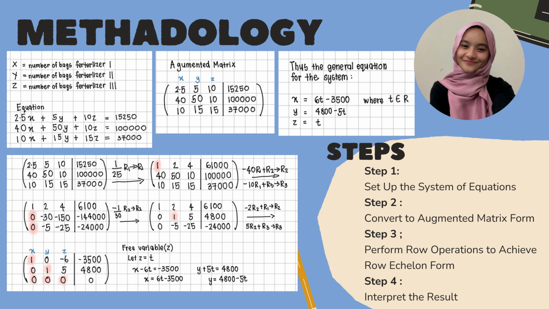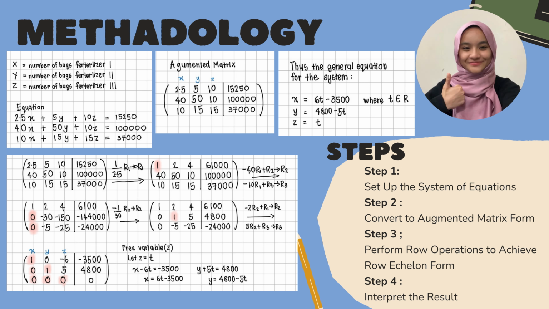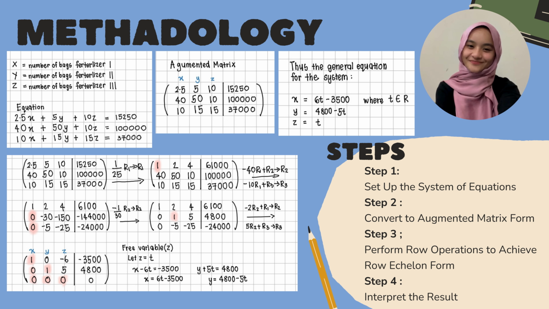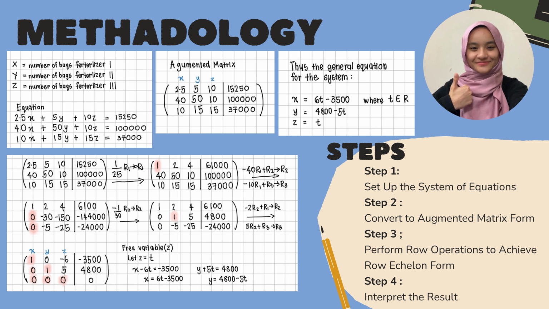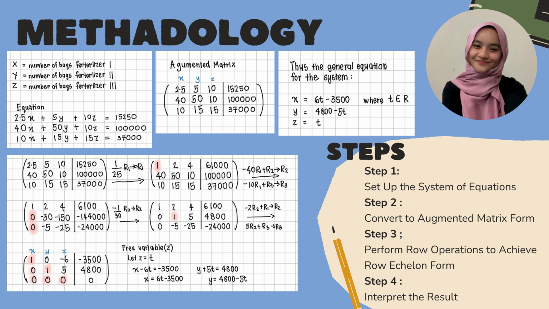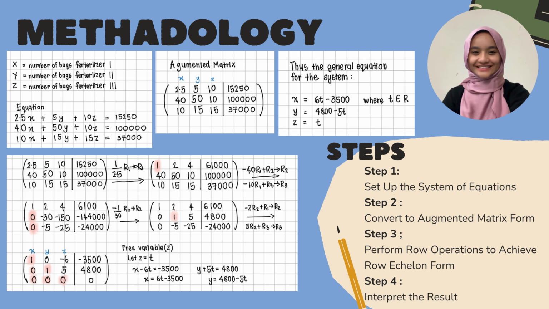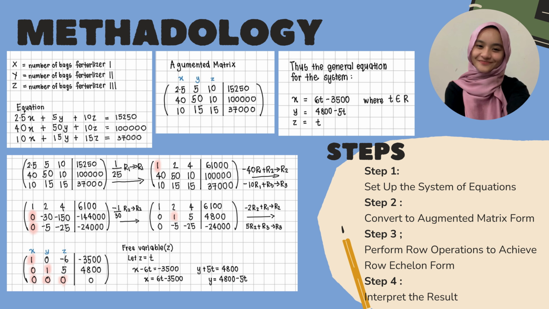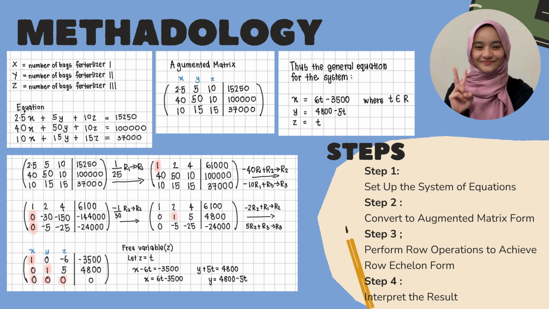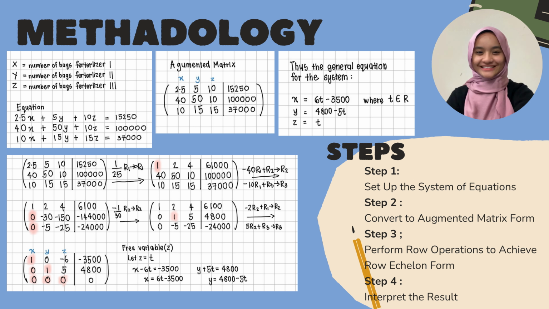Then we derive the equations from the mineral content of each fertilizer and the total required amount, which is 2.5x plus 5y plus 10z equals 15,250 for mineral A, 40x plus 50y plus 10z equals 100,000 for mineral B, and 10x plus 15y plus 15z equals 37,000 for mineral C.